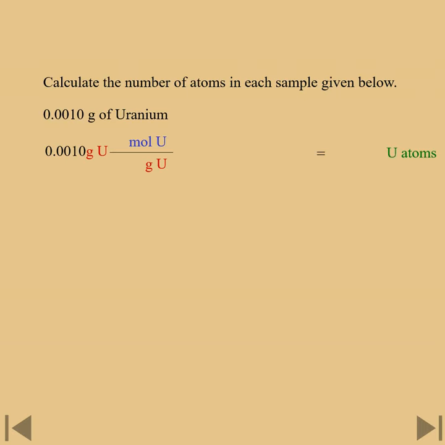Then from moles of uranium, can we go to a number of uranium atoms? Most certainly can. From the periodic table, we get 238 grams per each mole of uranium. And Avogadro's number, 6.022 times 10 to the 23rd uranium atoms per each mole. And that 0.001 gram, that's a milligram.